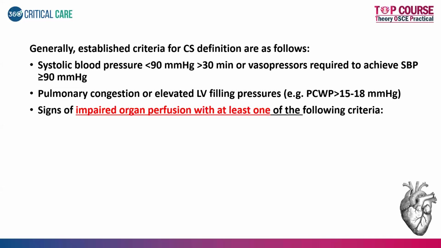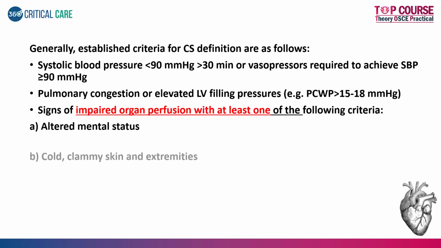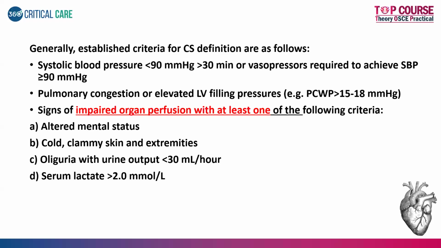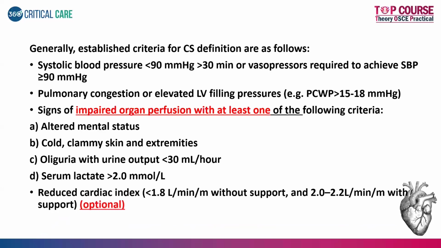So one sign of organ perfusion impairment is necessary. That might be altered mental status, cold clammy skin or extremities, oliguria where the urine output is less than 30 ml per hour, or an elevated serum lactate of more than 2 millimoles per liter. Along with this, if the patient has a cardiac index of less than 1.8 liters per minute per meter square, with or without support, if it is with support, then it can be around 2 to 2.2 liters per minute per meter square.